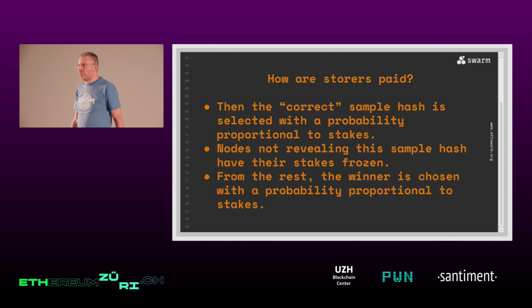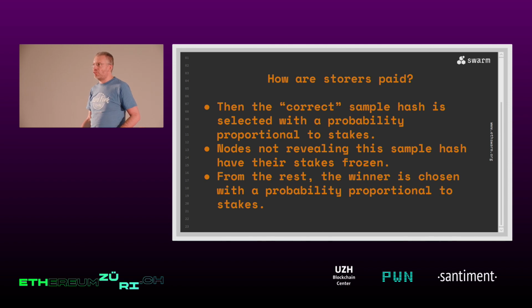And with this choice, that the source of truth is chosen with a probability proportional to stakes, we have the property that usually most of the time the majority stake will get its way, but even the majority stake is not safe from having a different opinion from what the truth is if they play dishonestly. So this is an additional incentive to play honestly, because otherwise, even if you're in a majority, you risk to have your stake frozen.